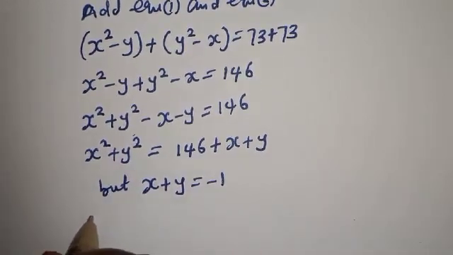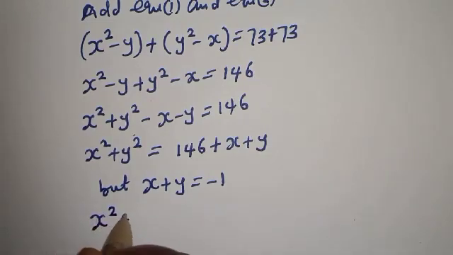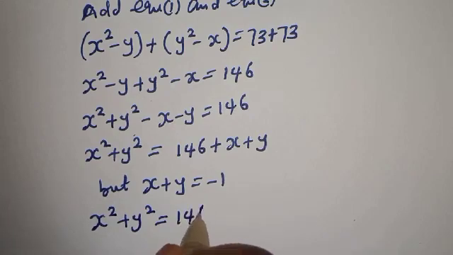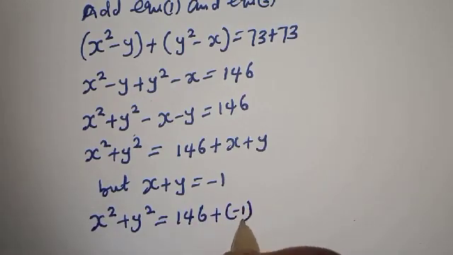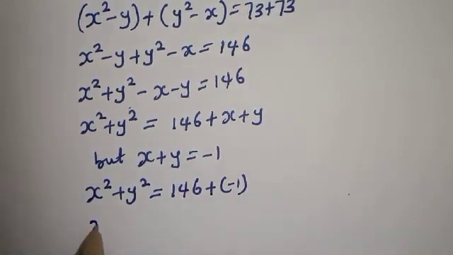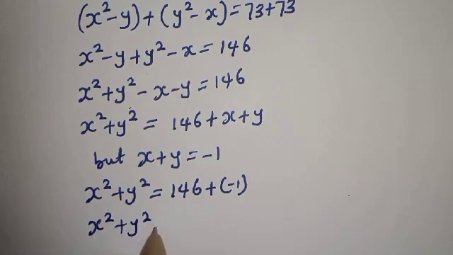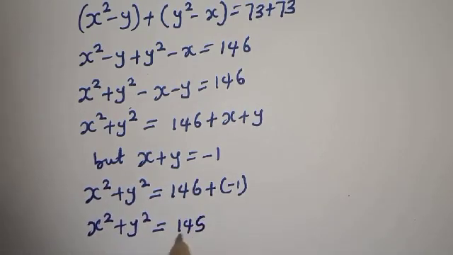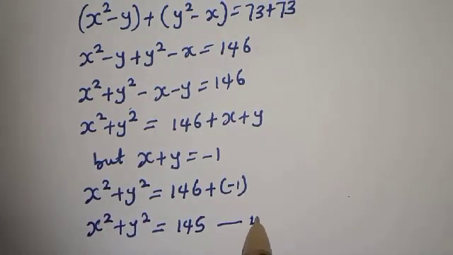So this is x squared plus y squared is equal to 146 plus minus 1. x squared plus y squared is equal to 145. Let's call this equation 4.